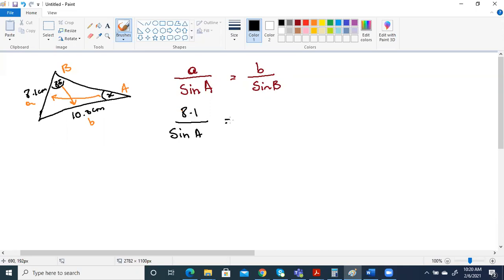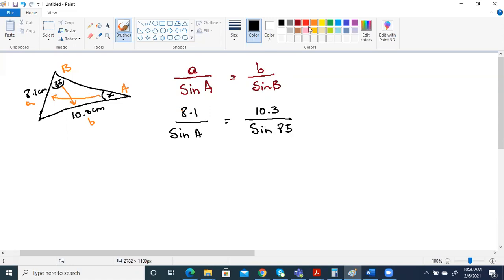It doesn't matter if you put X or A. I'm just putting A to keep true to the formula as I had it written up here. Small b is 10.3. So we have 10.3 over the corresponding angle, which is 85. So that's the sine of 85.